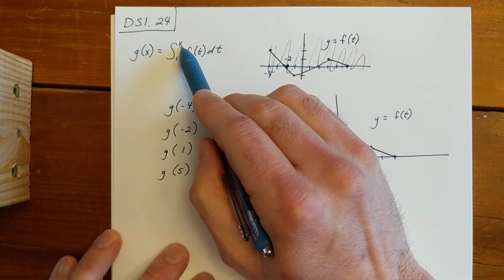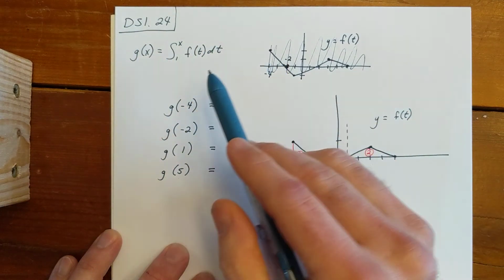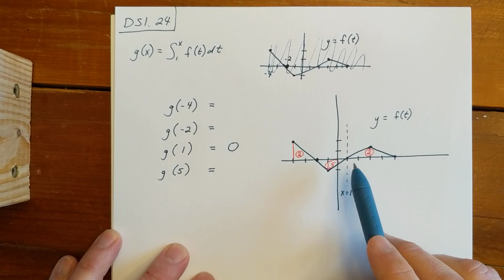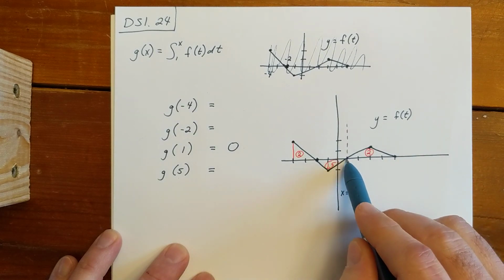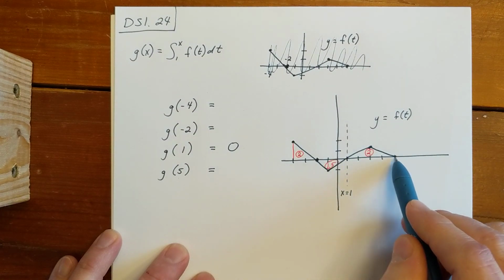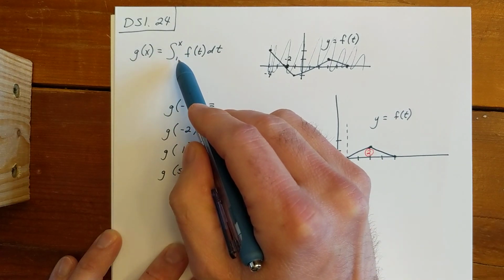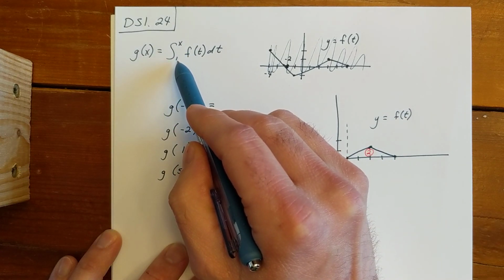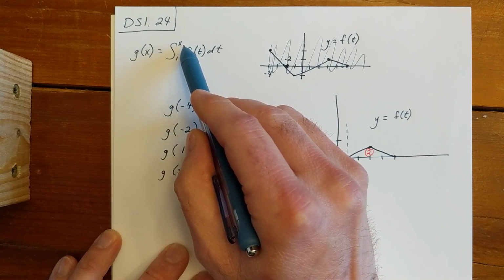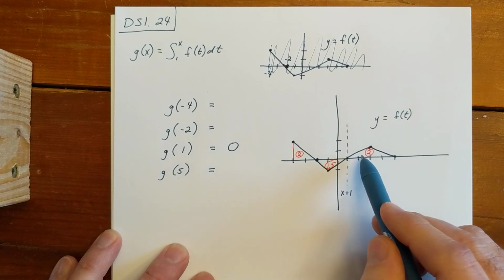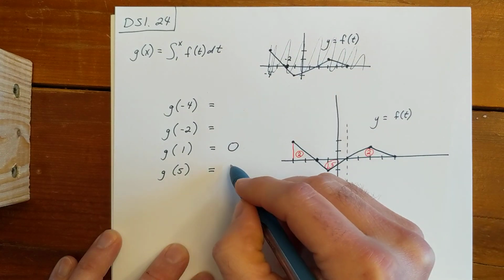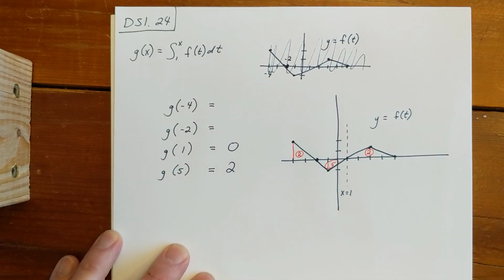If we put a 5 here for the upper limit of integration, we're measuring the area between this curve and the x-axis, starting at 1 and ending at 5. Those limits of integration are in the proper order, the lower limit, the left-hand limit on the bottom, which is 1, and the bigger, right-hand limit of 5 on the top.